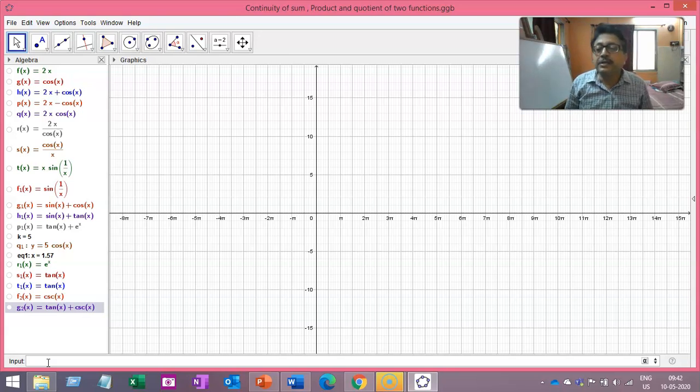The difference of two continuous functions will remain continuous in the domain of the difference of two functions. Similar is the case for the product of two functions, but the quotient is not always continuous.